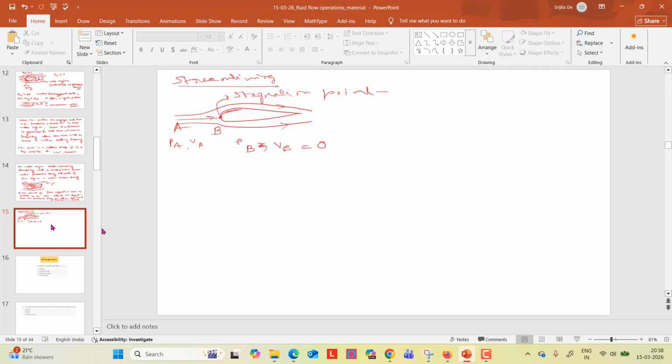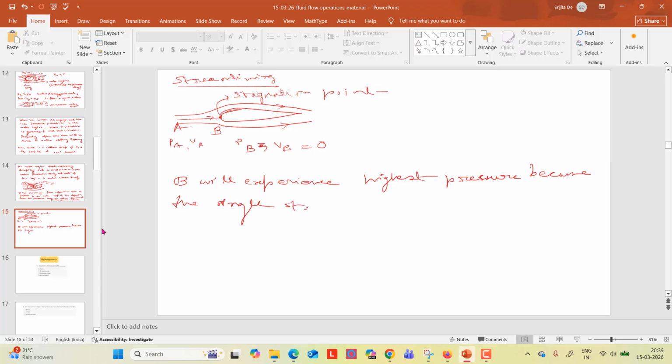So at point B, B will experience the highest pressure because the single streamline is getting recoiled from the point.